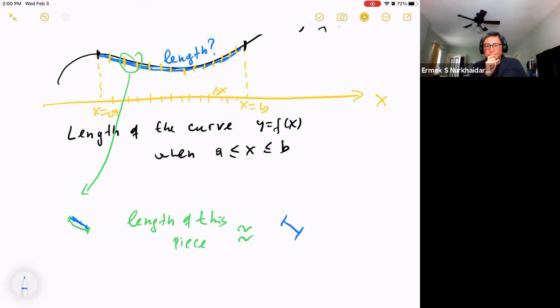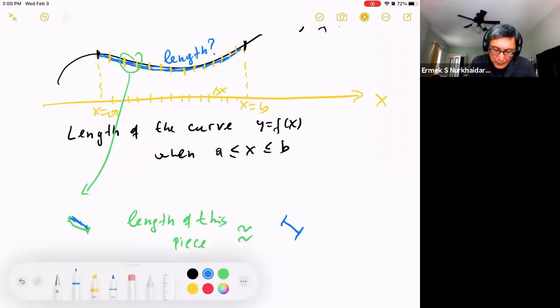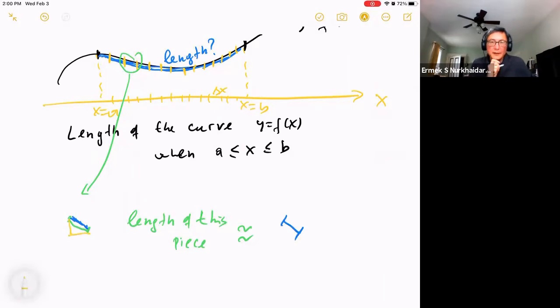And now to find that length, we realize that we see a right triangle. In that right triangle, we have delta x and delta y. Delta x is horizontal, delta y is vertical. Now we can approximate it by the hypotenuse of that right triangle. So we're going to get square root of delta x squared plus delta y squared.